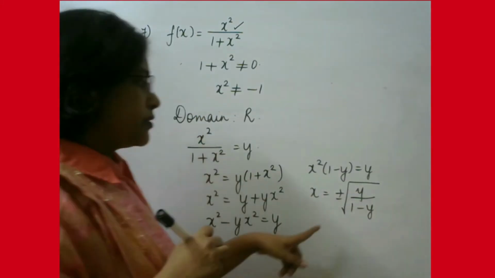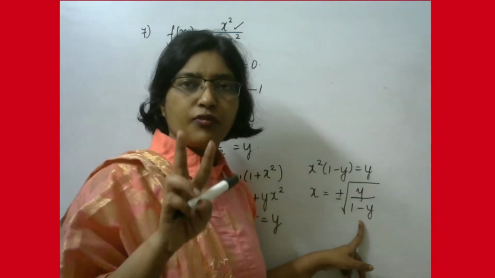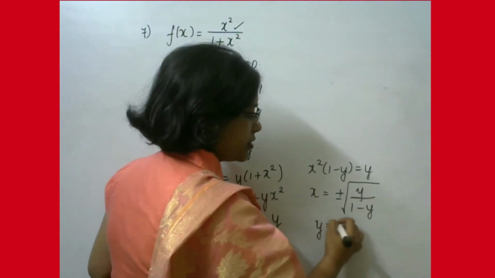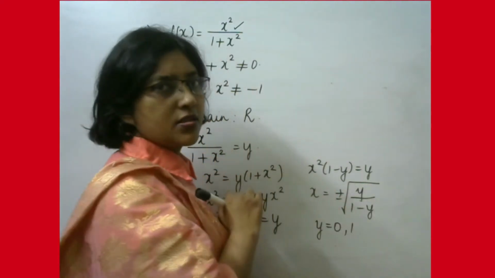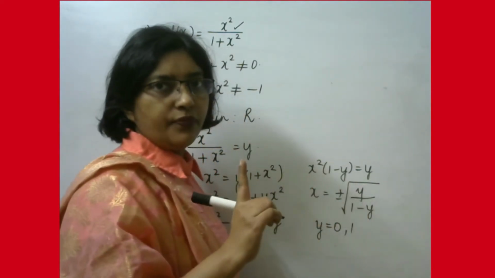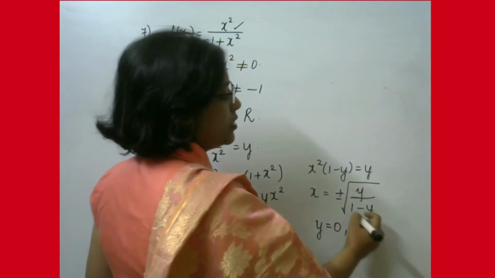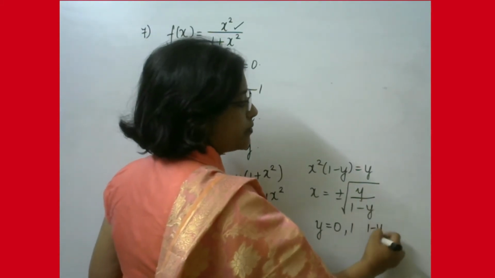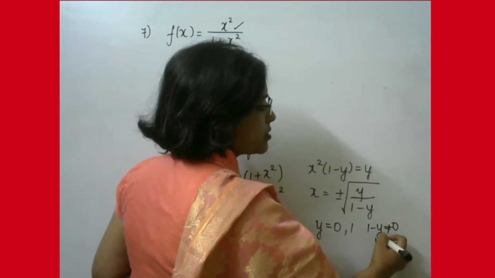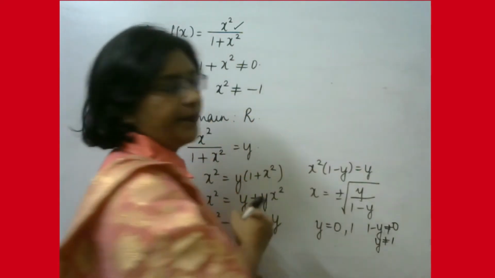So once again, like the previous question, we have two factors. The critical point for the numerator is 0 and for the denominator is 1. Remember, 1 will not be allowed in the range because otherwise 1 minus y will become 0. So we want this not equal to 0. So y is not equal to 1.